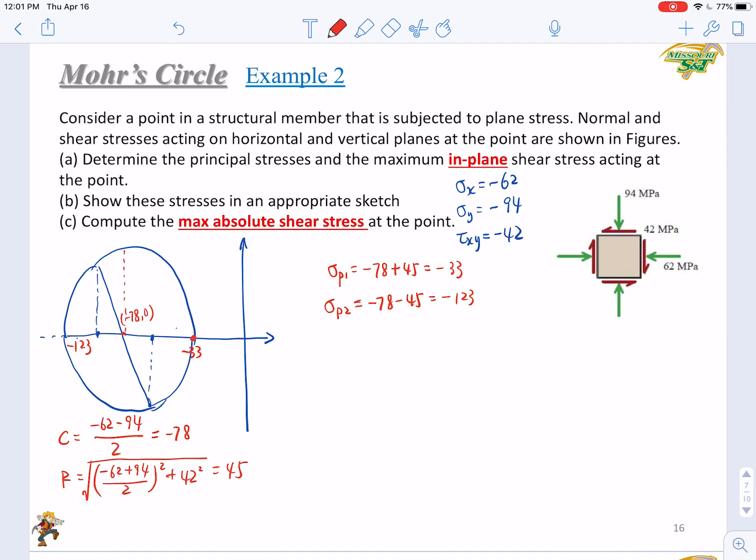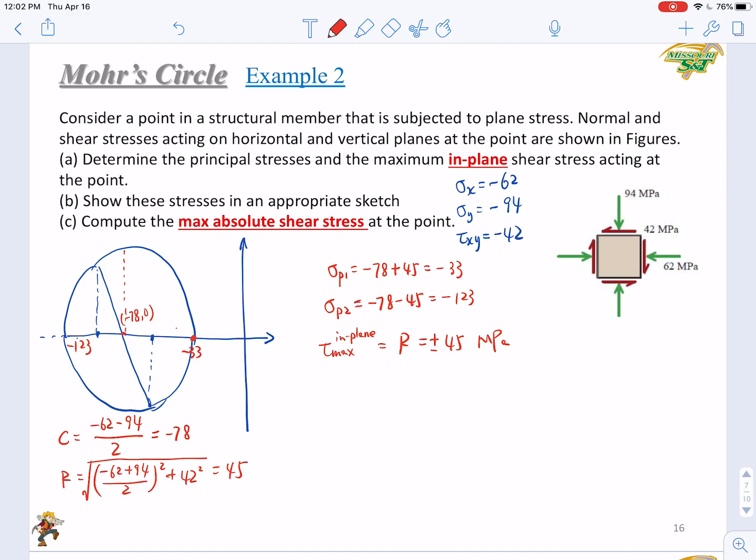So the in-plane maximum shear stress, tau max in plane, will be just R, right? So it's 45 MPa, and it can be positive or negative, right?